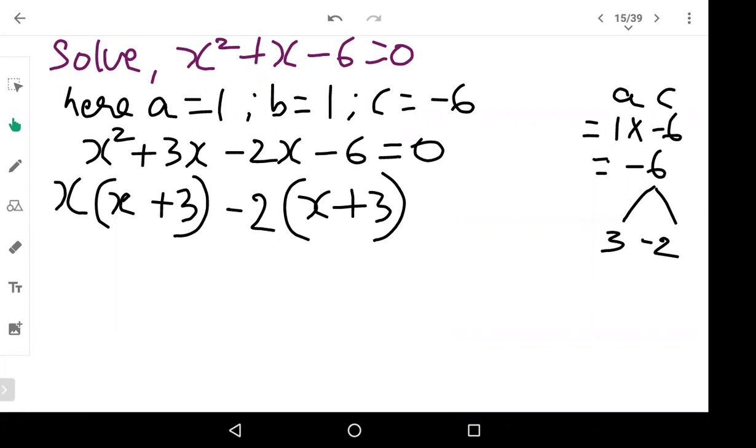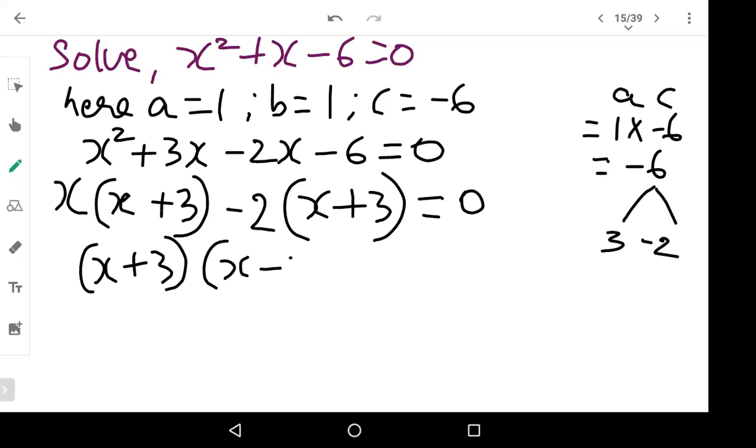Keep doing the small check in between so that you don't go wrong. Is equal to 0. And don't forget to equate it to 0. Then both x plus 3, I've taken it common. And what is remaining? X minus 2 is equal to 0. Now I've got two roots, x plus 3 and x minus 2.